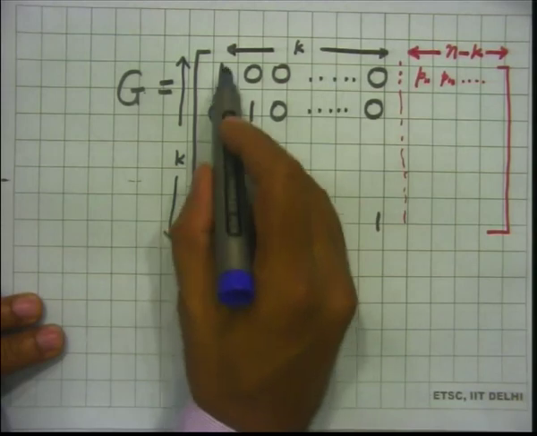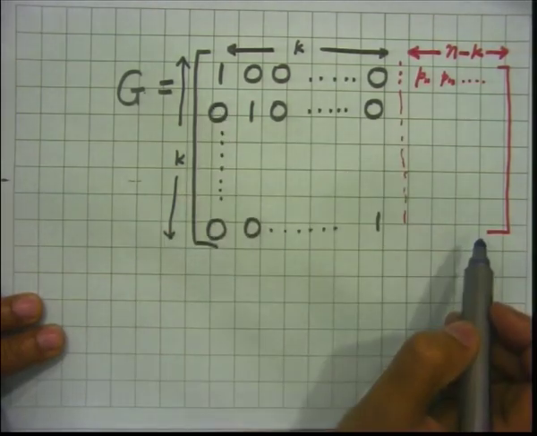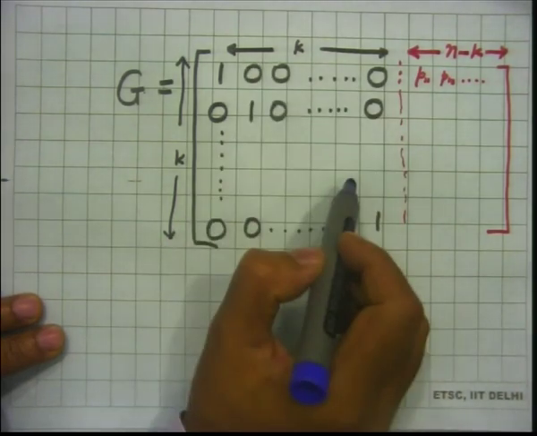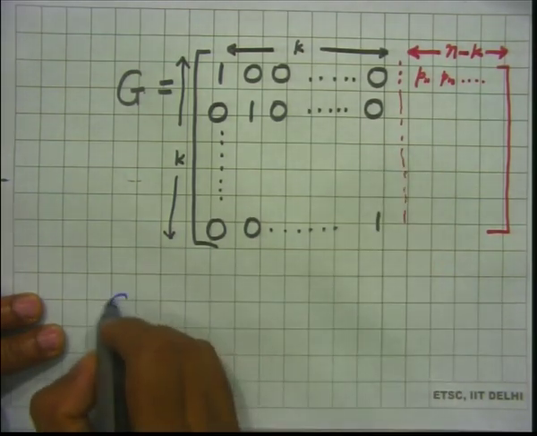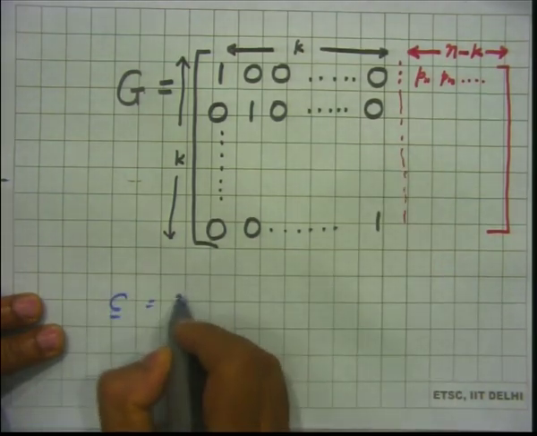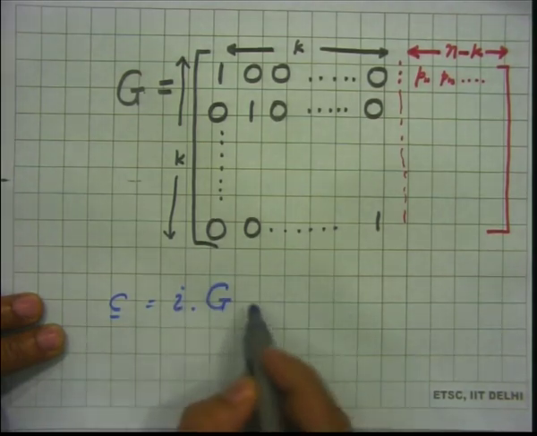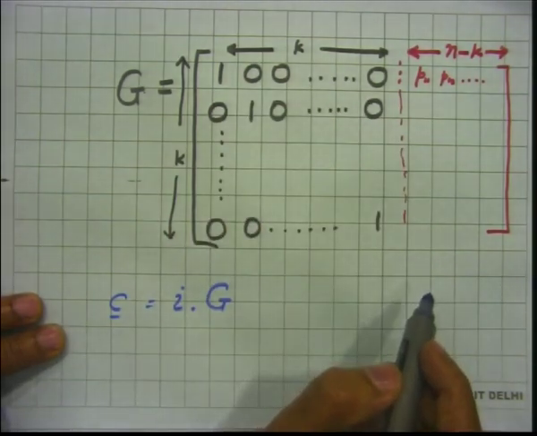Now, we have established that each and every row is a valid code word, and since it is a linear block code, the sum of any two code words is a valid code word. In fact, the moment we multiply I with G, I tells us which of those code words to pick and add them up.